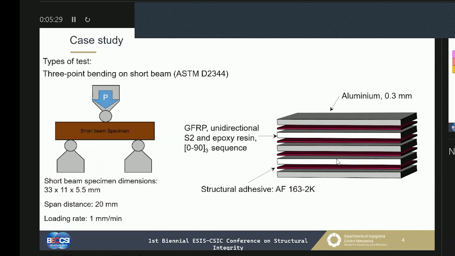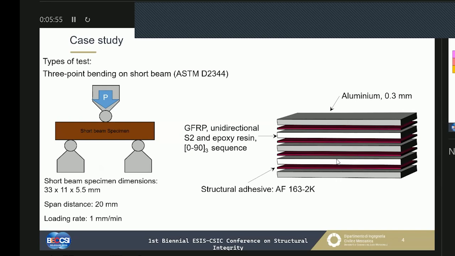As concerns the span distance, that is the distance between the supports for this three-point bending test, it should be no more than 4 times the thickness of the specimen. So it was 20 millimeters. Finally, the loading rate for this test was 1 millimeter per minute, and also this was defined by the standard.